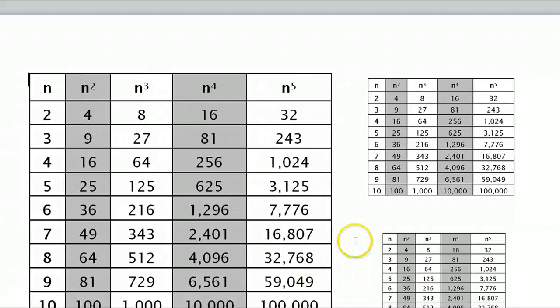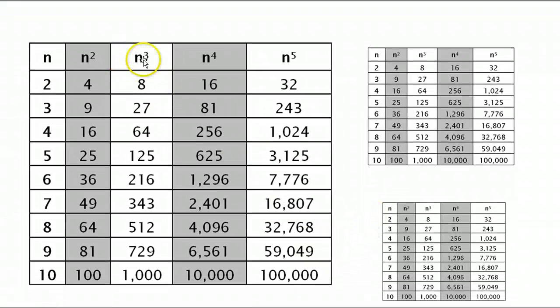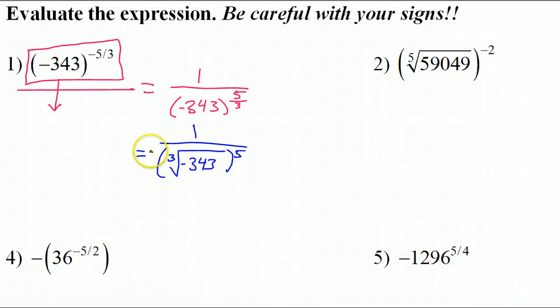Okay, the cube root of 343 is 7. So this is going to give me 1 over, now I have 7 to the 5th power. But it was negative 343, so that means the cube root will be negative 7.